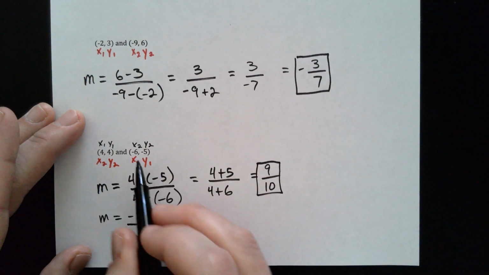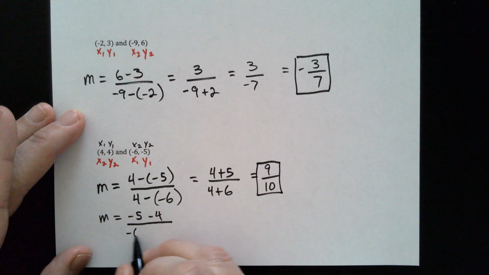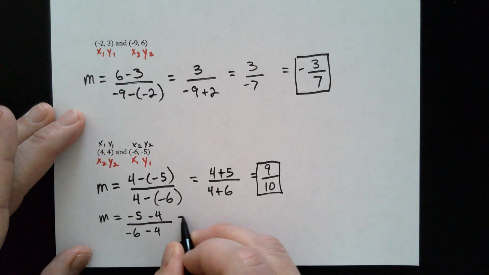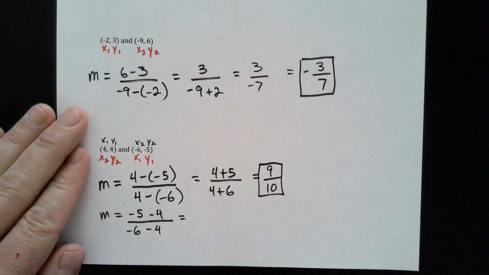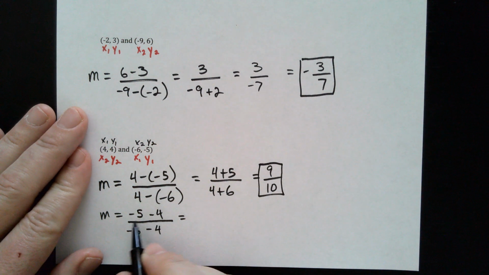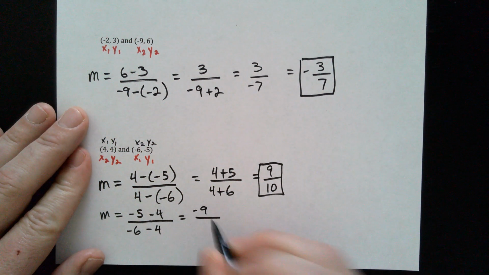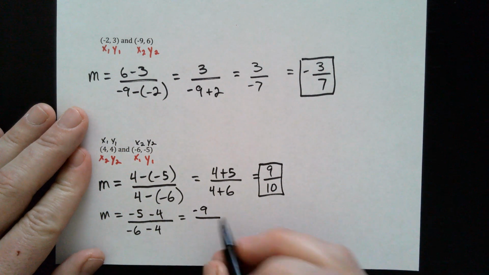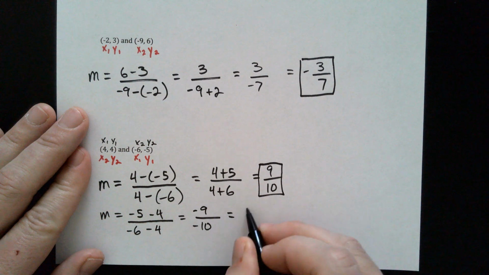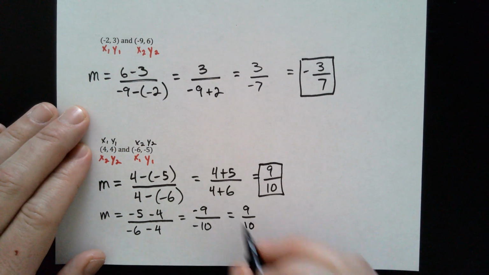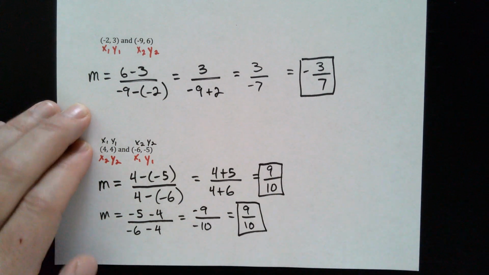And then x2 minus x1 is negative 6 minus 4. Okay, so remember when you're adding negatives, you add and keep the sign, right? So add 5 and 4, that's 9, keep the sign, so negative 9. And add these up, keep the sign, so that's negative 10. And a negative divided by a negative is a positive, so you still get 9 over 10 both ways.